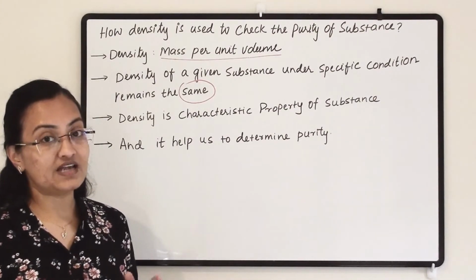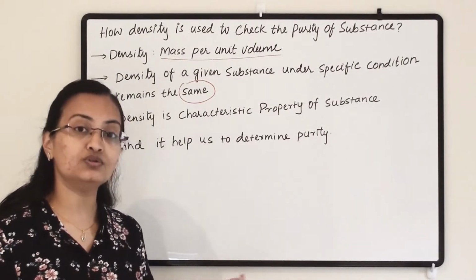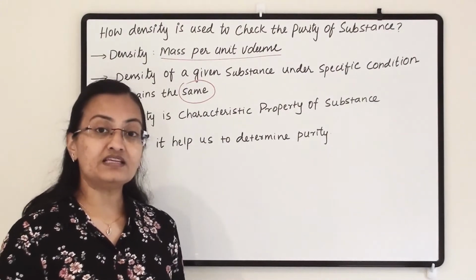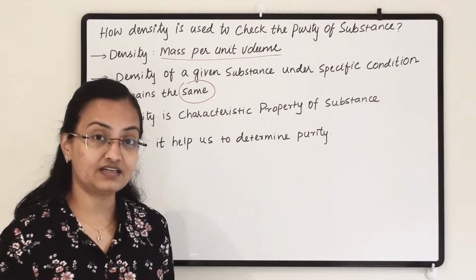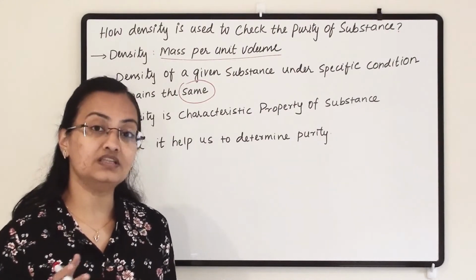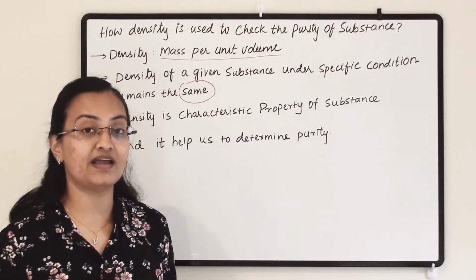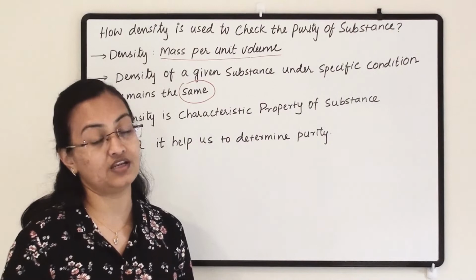We always check density with respect to water's density. We know that water's density is 1000 kg per meter cube. So for any substance, we take the ratio of that substance's density to the water's density, which is 1000 kg per meter cube, and that ratio gives us the relative density of that particular substance.